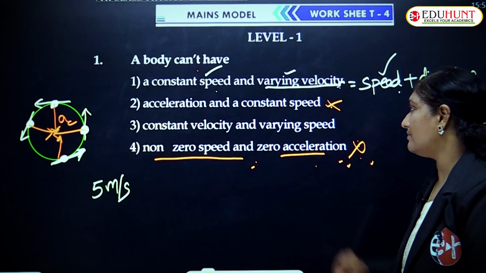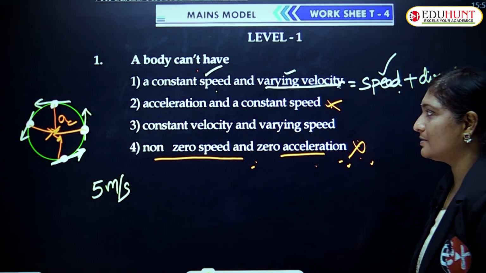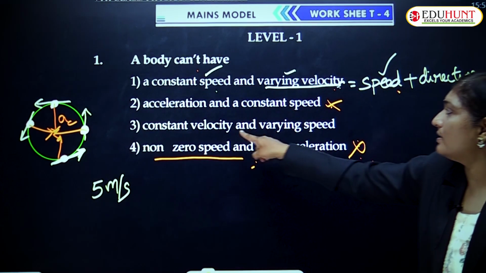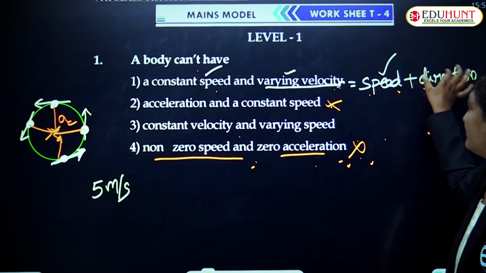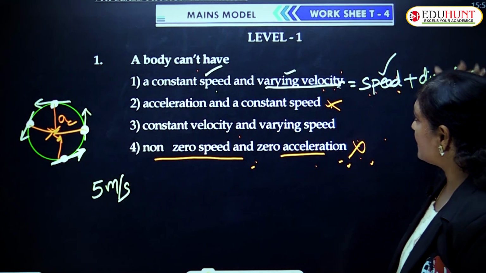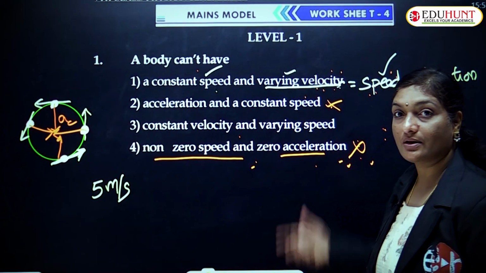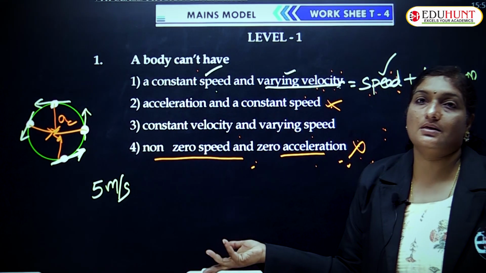Now moving to the third one, a body can't have constant velocity and varying speed. Children, just now we have discussed that velocity is nothing but speed plus direction. If speed changes, velocity must change. Either direction changes, velocity changes, or speed changes, velocity changes. But what we had said is speed is varying and velocity is constant. It is a contradiction.